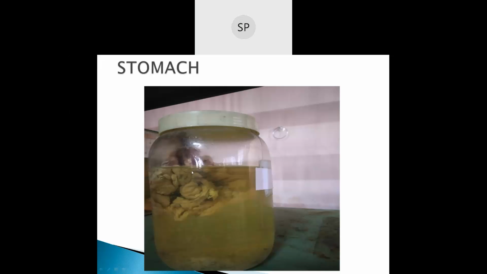Yes, ma'am. Okay, Sachi, what is this? What is the name of the specimen? Stomach. Okay, stomach. And what is the shape of the stomach? J shape. Okay, so what kind of acid is there in the stomach which helps us in digestion?